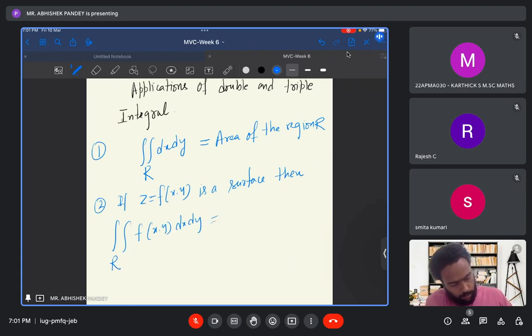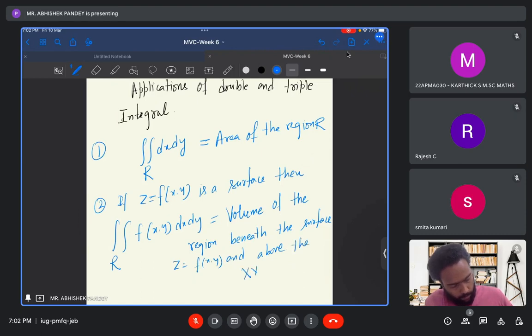This is nothing but the volume of the region beneath the surface z equals f of x y and above the xy plane.